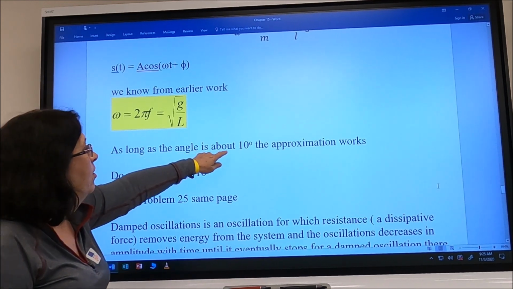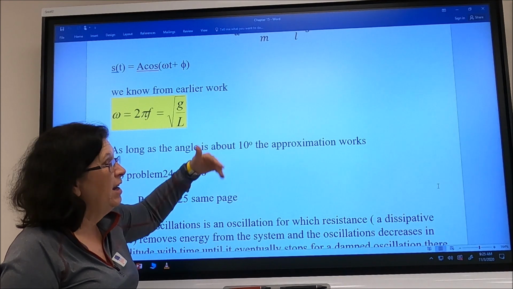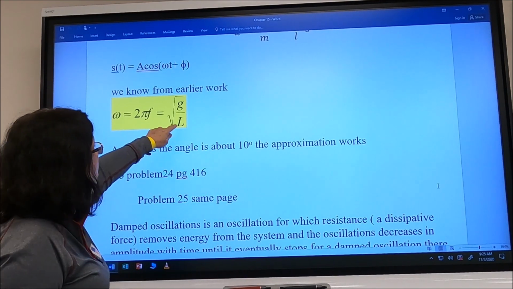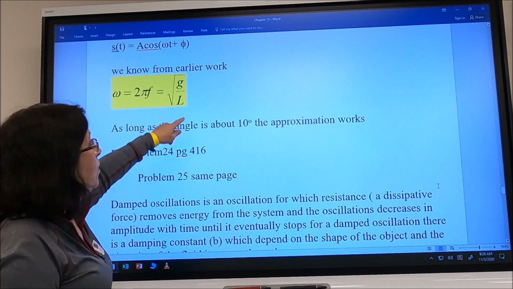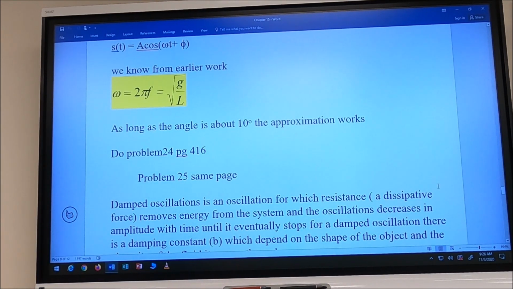So as long as the angle is 10 degrees or below, I can approximate the angular frequency as the square root of g over L. So notice it's independent of the mass of the object on the pendulum. It only depends on the length of the pendulum and acceleration due to gravity.